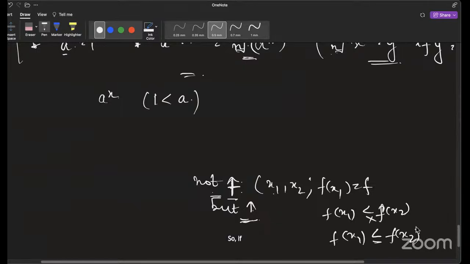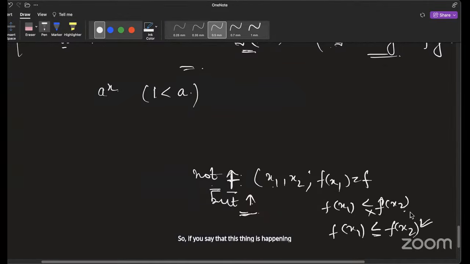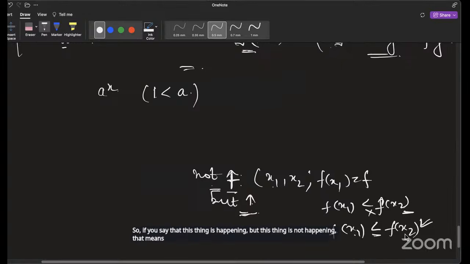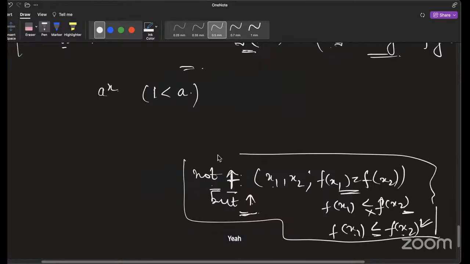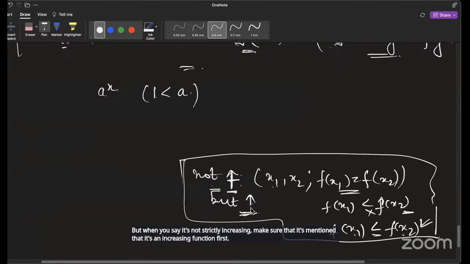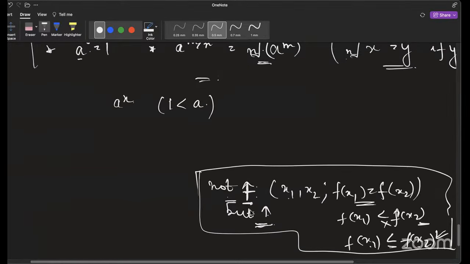So if you say that this thing is happening, but this thing is not happening, that means you get two points x1 and x2 where your function's value is the same, meaning that equal to also came with increasing. But when you say it's not strictly increasing, make sure that it's mentioned that it's an increasing function first. Not strictly increasing, but increasing functions are not one-one.